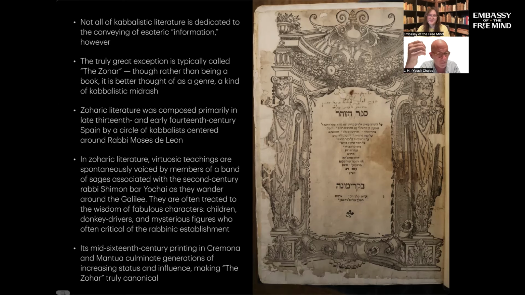It's much more like midrashic literature, which if you don't know, then you should Google it, but this is a classical rabbinic exegesis that's very playful, very creative, very poetic, very funny, very freaky, very free.